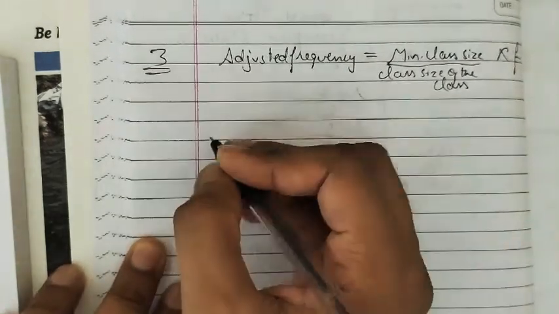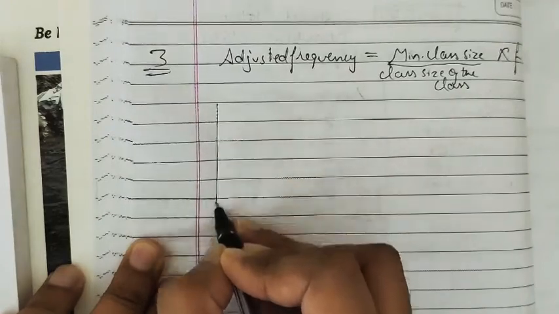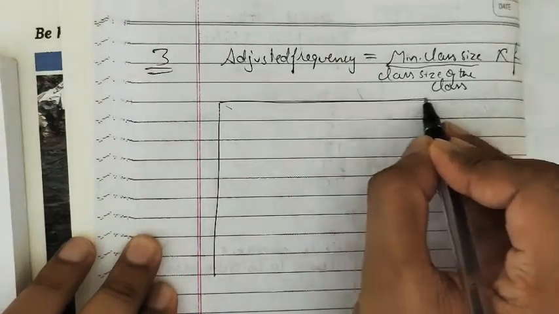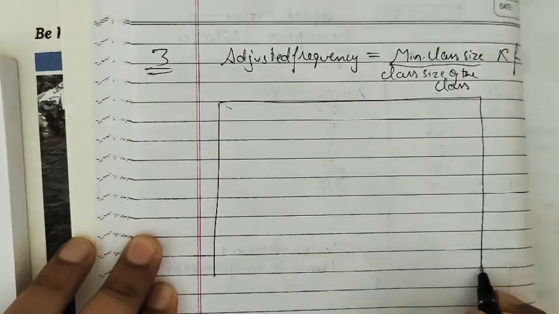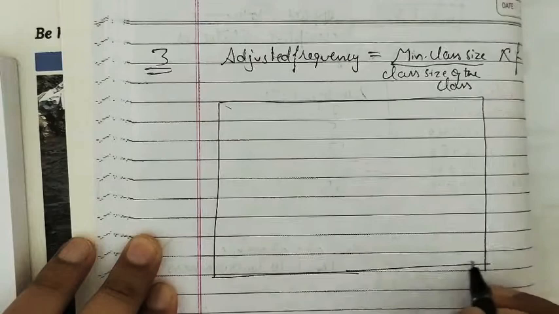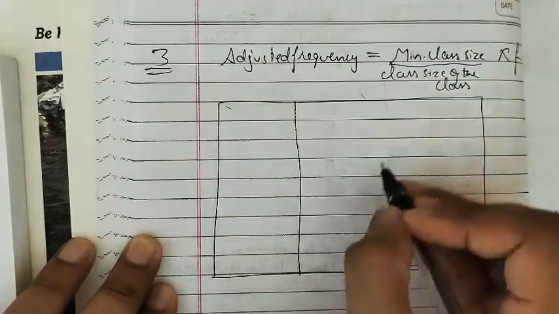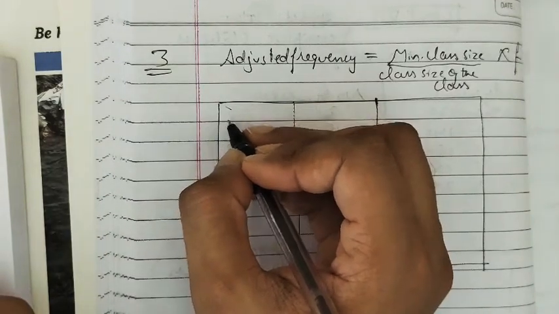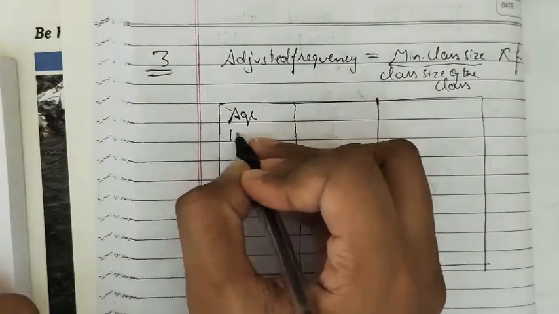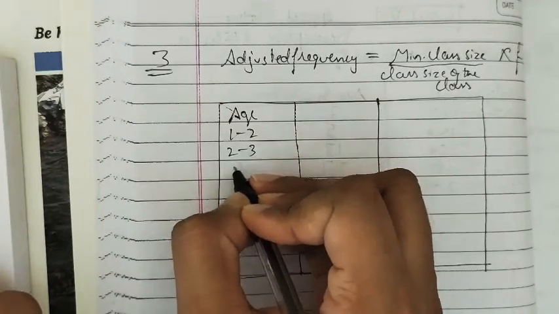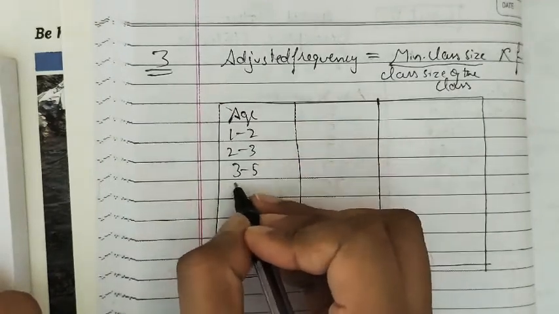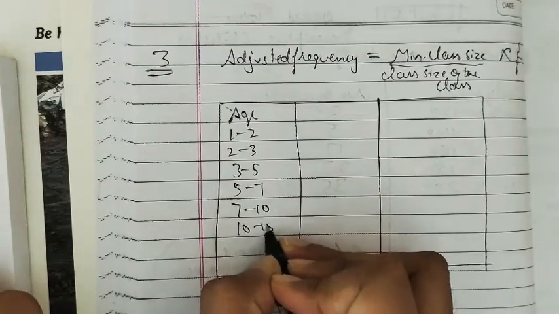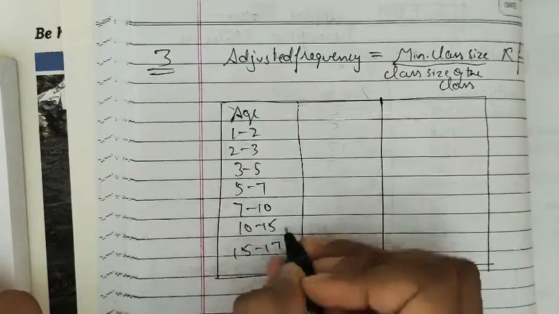So let's make columns. So first column is age: 1 to 2, 2 to 3, 3 to 5, 5 to 7, 7 to 10, 10 to 15, 15 to 17, right?